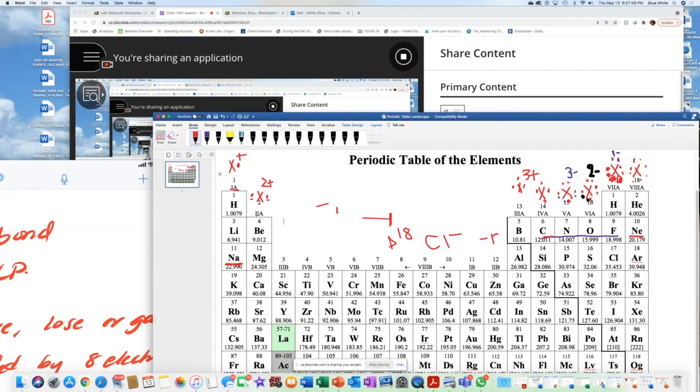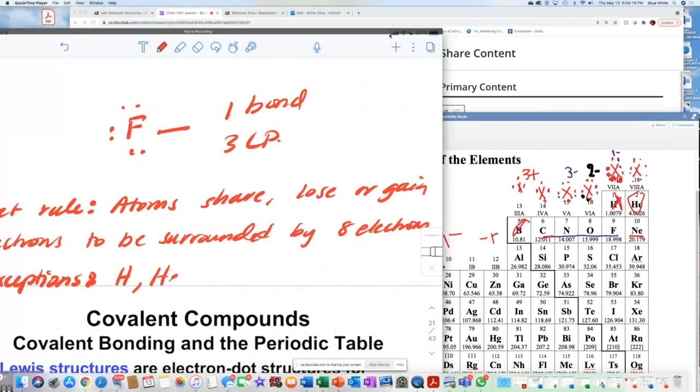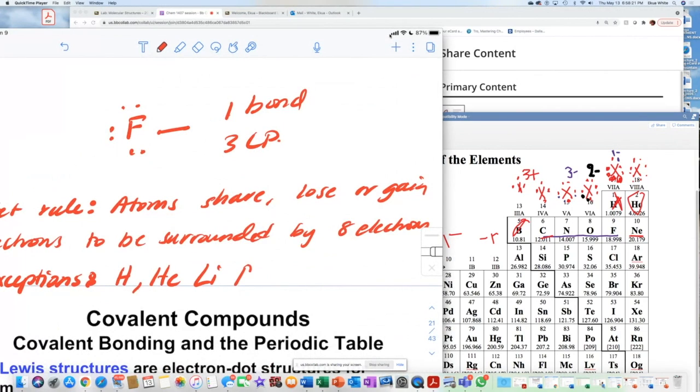So anything before carbon, that means boron, beryllium, lithium, helium, hydrogen. Oh, sorry, hydrogen. Why do we have hydrogen twice? Okay, so exception: hydrogen, helium, lithium, beryllium, boron.